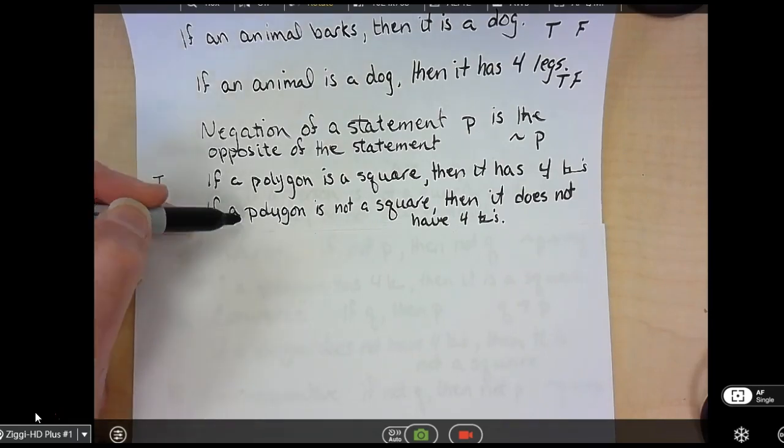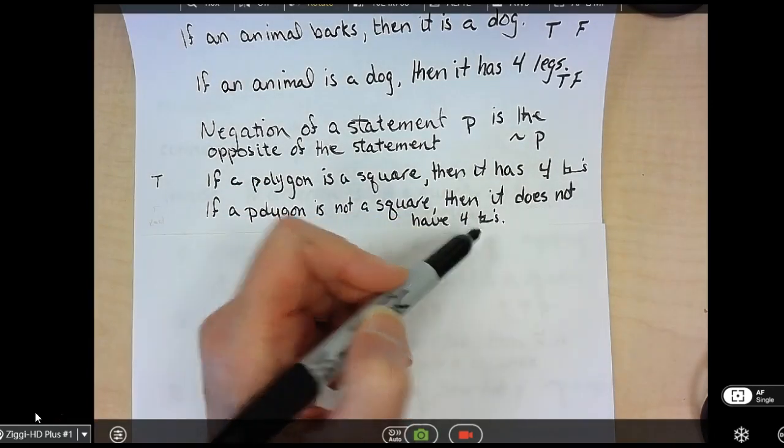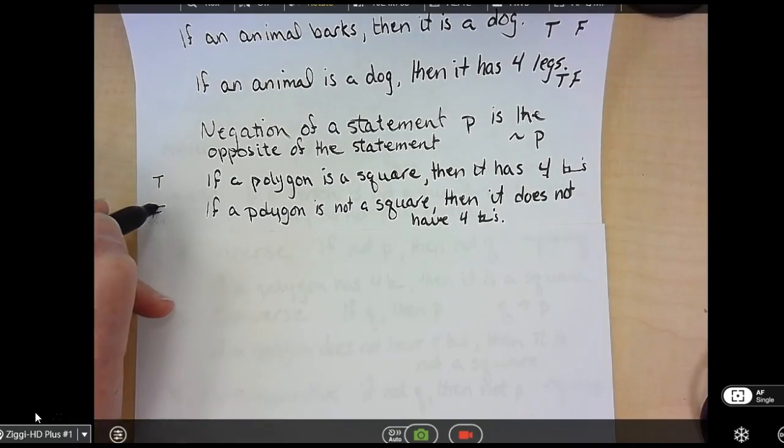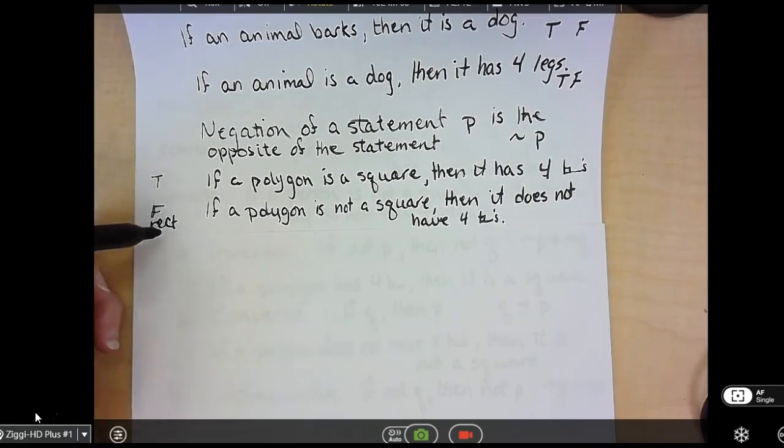We negated both sides. We use not and not in here. Well, that one actually is false, because it could be a rectangle. It's not a square, but it would still have 4 right angles.